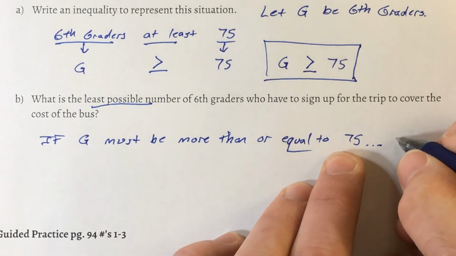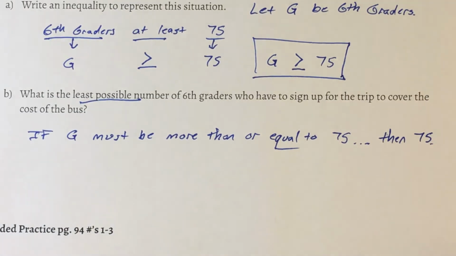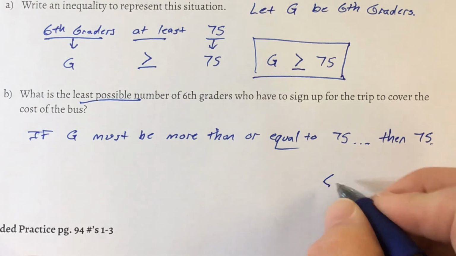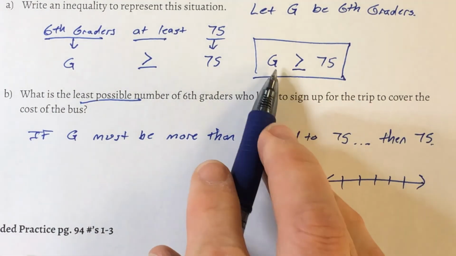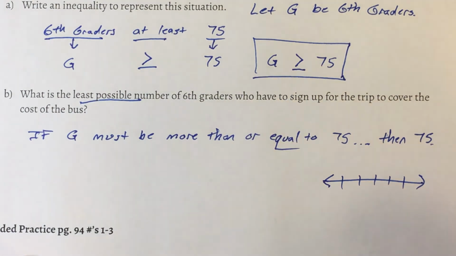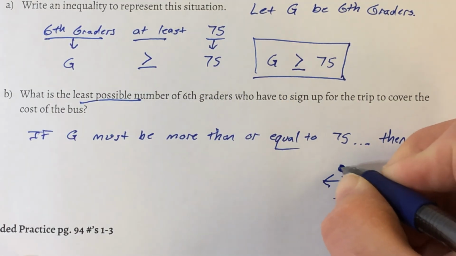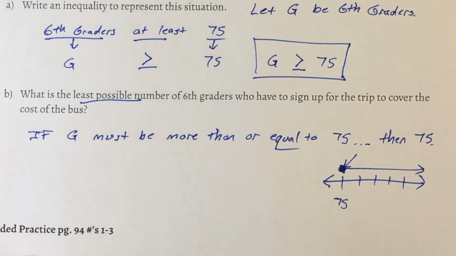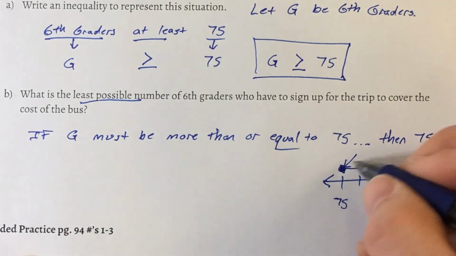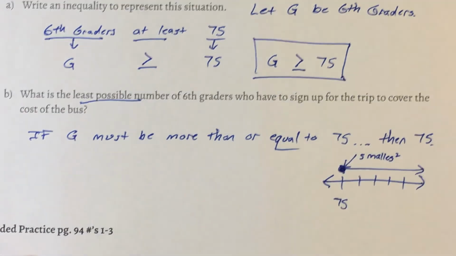Well, 75. If I drew a number line just to show you, we need 6th graders more than 75 or equal to. So what's the smallest number possible shown according to the number line? Well, 75 right there. We're including it. So that's your smallest amount in order to cover the cost of the bus.